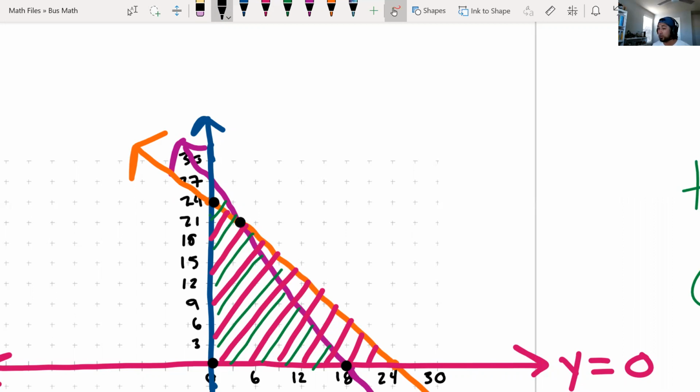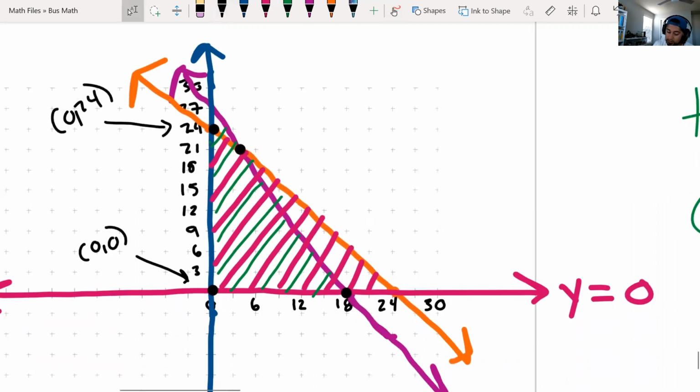Those are the only corner points we need to find. So we have 0, 0. We have 0, 24. We have 18, 0. And now we need to figure out what that one is.